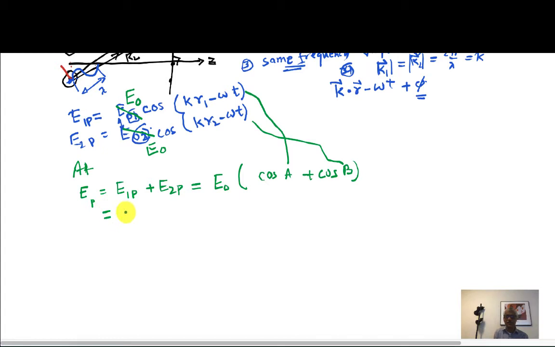Then I get 2 times E0, their difference and their summation, right? So cosine k (r1 minus r2) over 2. So I get this part. Omega t, I took the same omega, so they cancel out just nicely, right?